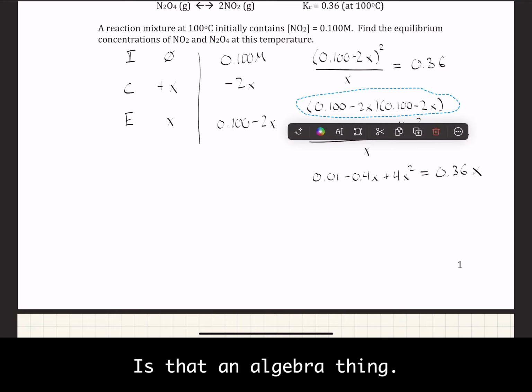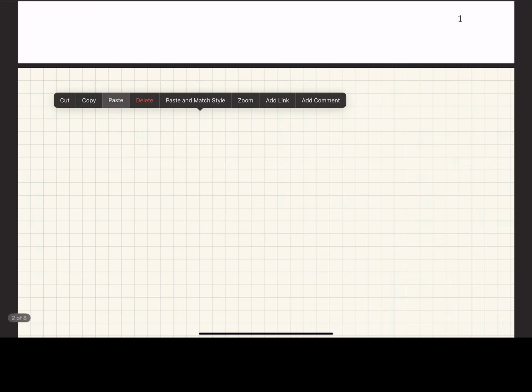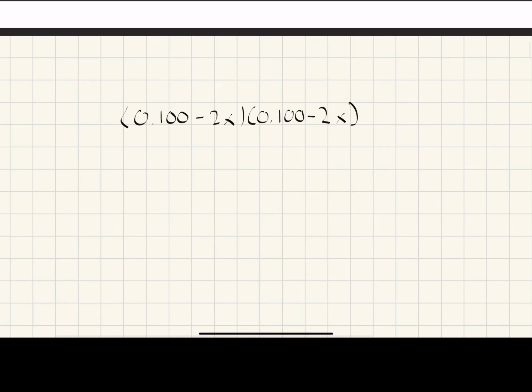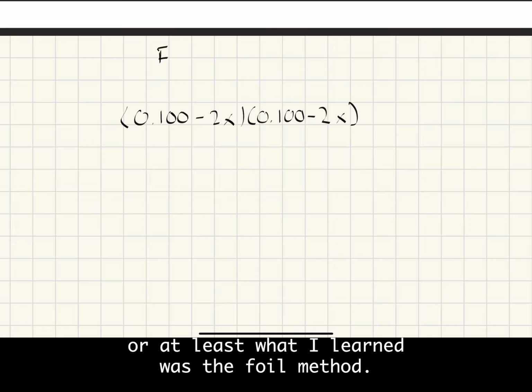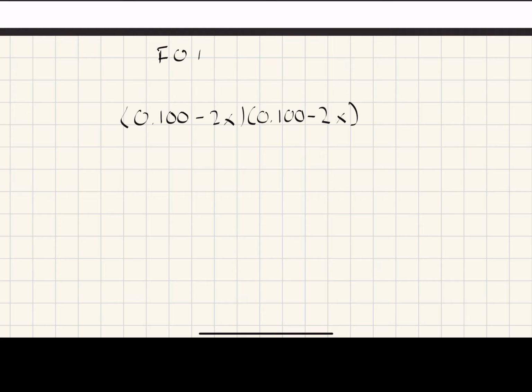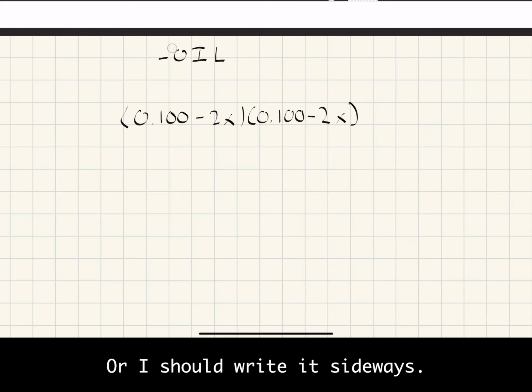What class do you, is that an algebra thing? So it's called, or at least what I learned was, the FOIL method. Or actually I should write it sideways.